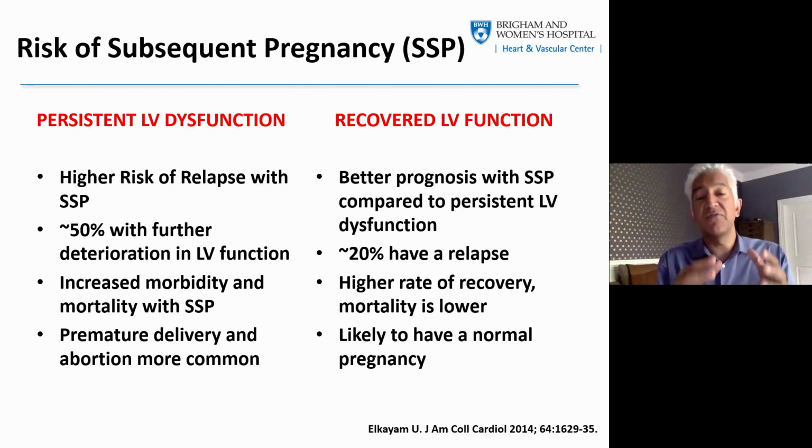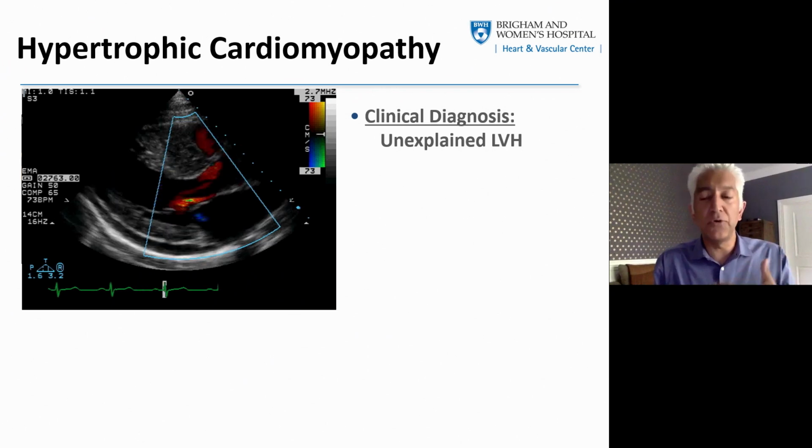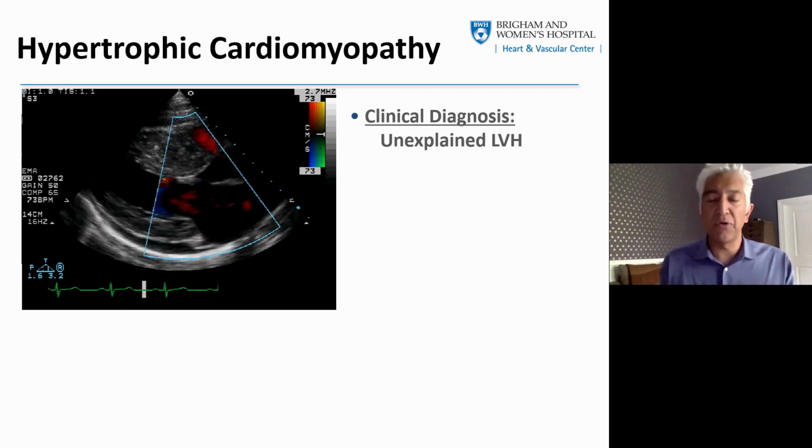And the big concern if ventricular function remains low after a first pregnancy is that if women become pregnant again, there's a very high risk of fetal loss and maternal morbidity and mortality, recurrent heart failure, that is even more severe than with the first pregnancy if that happens. And so the counseling in women whose LV function does not recover is to really take precautions against subsequent pregnancy. But women who do recover are probably able to move forward with subsequent pregnancy.